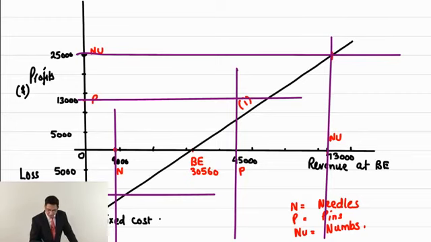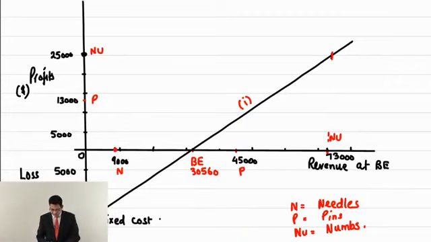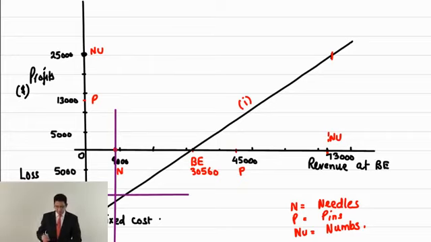Okay, so what I do is this. Let me do it one by one. Here is the representation of sales from needles, and here is the representation of loss coming from needles. Now wherever two lines match with each other, we need to get just this common point.